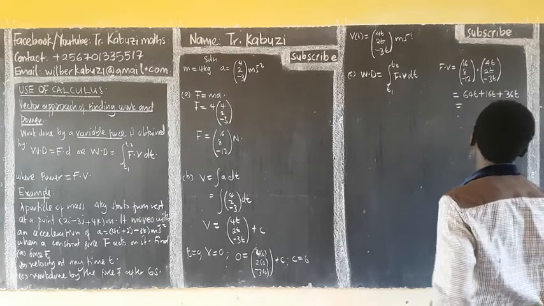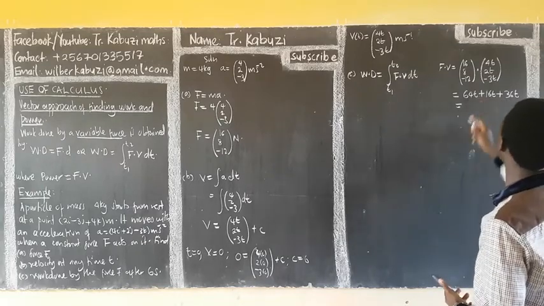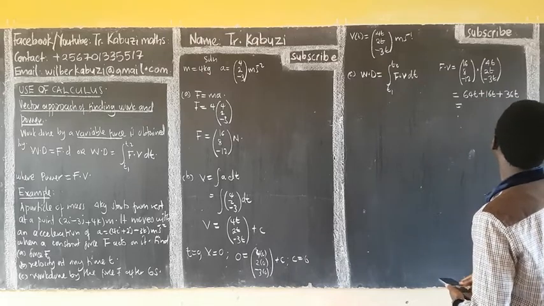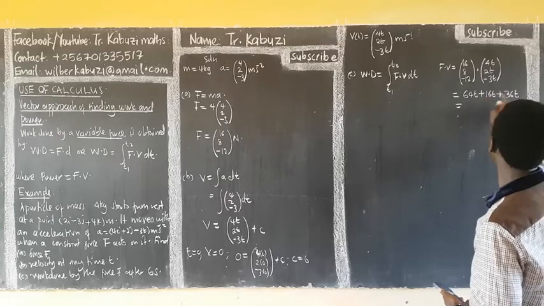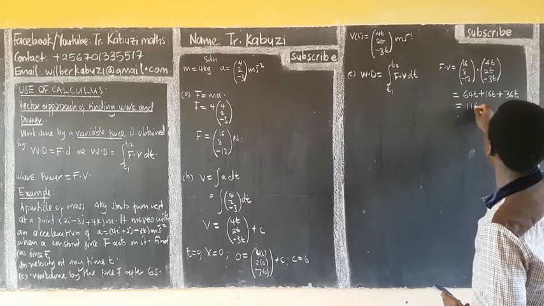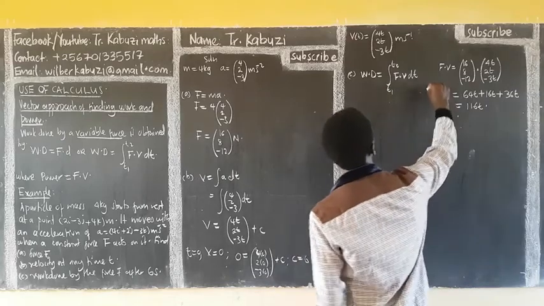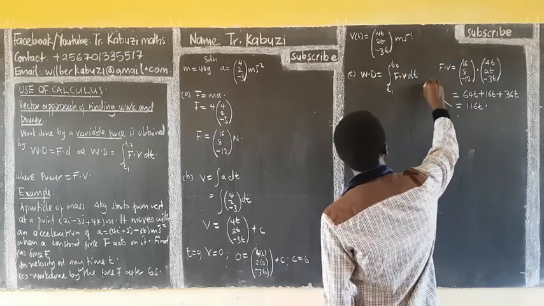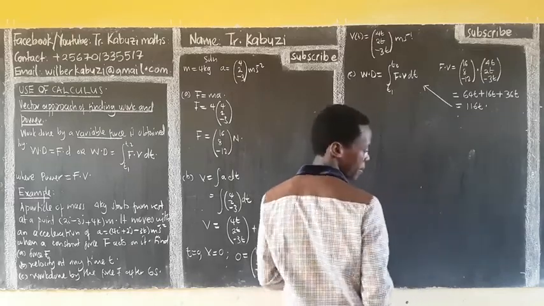The whole of this is 80t plus 36t, which is 116t. That is our F dot V.